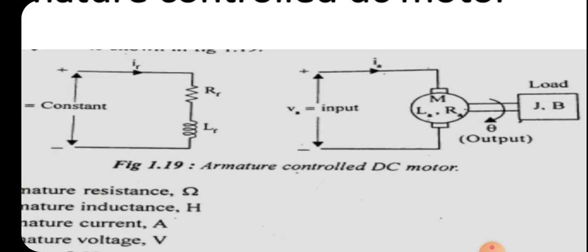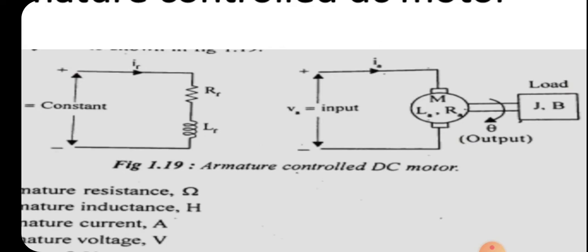The armature circuit consists of armature current IA, armature resistance RA and armature inductance LA. These two parts constitute the electrical part. But for analysis purposes we are only considering the armature portion, not the field part, because the field part is excited by a constant voltage. So we are interested only in the armature part, that is IA, RA and LA.